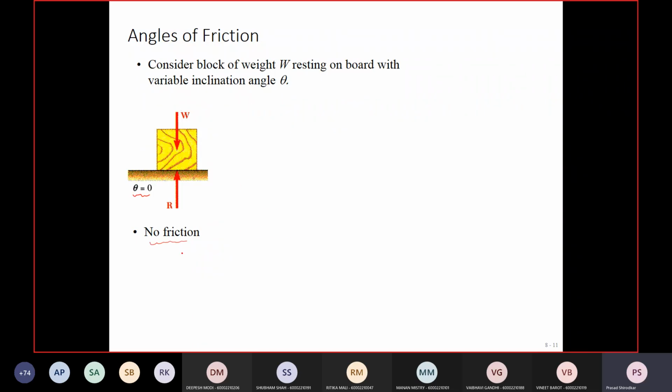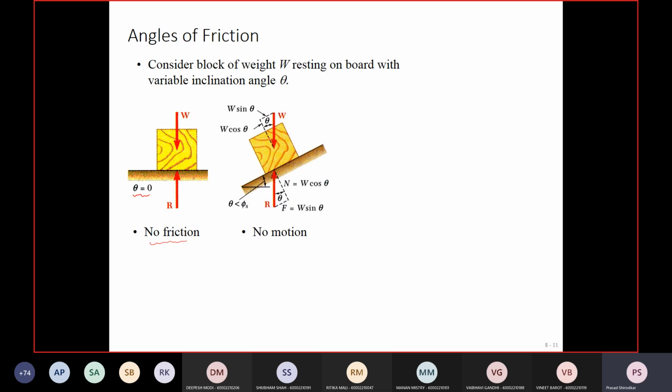Now if I increase this inclination angle, then the various forces come into the picture. Now W makes an angle theta with the normal to the inclined surface. There are two components of W you have to consider, perpendicular to the surface and parallel to the surface. So the normal component will be W cos theta and the parallel component F will be W sin theta.